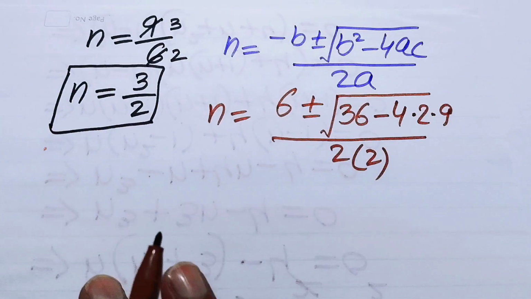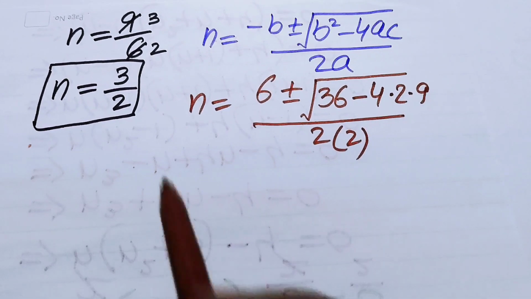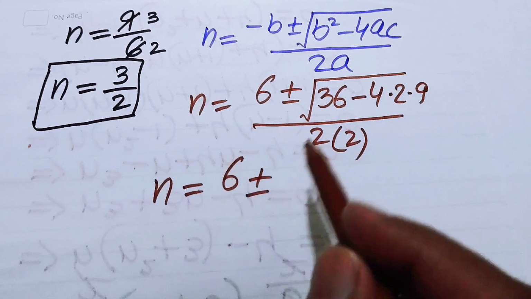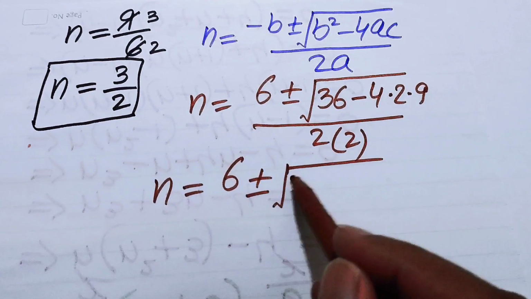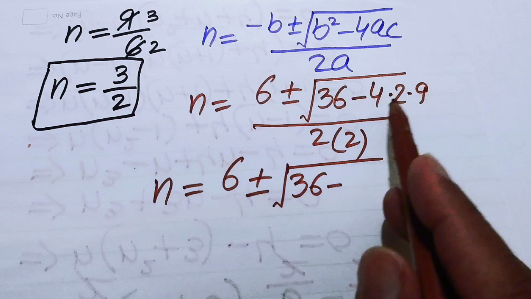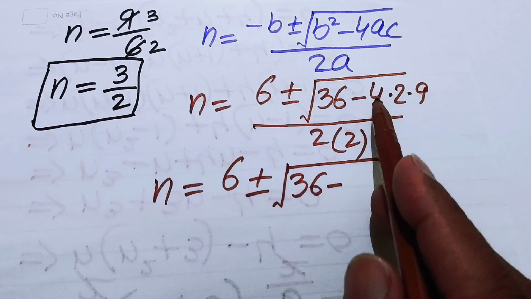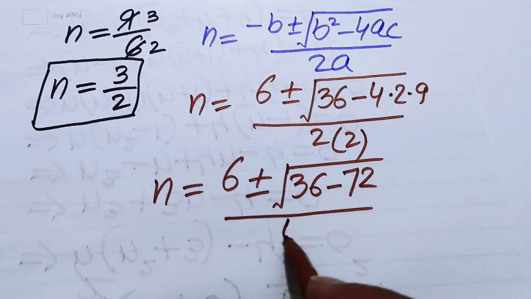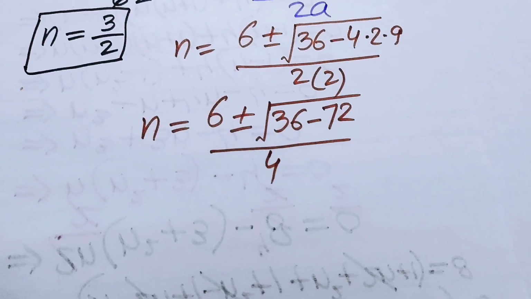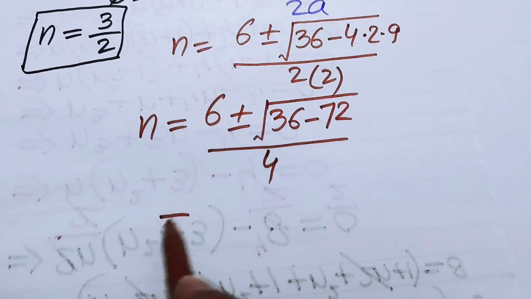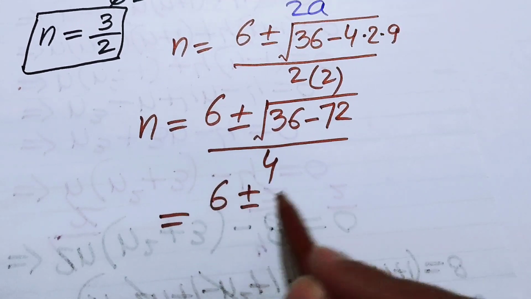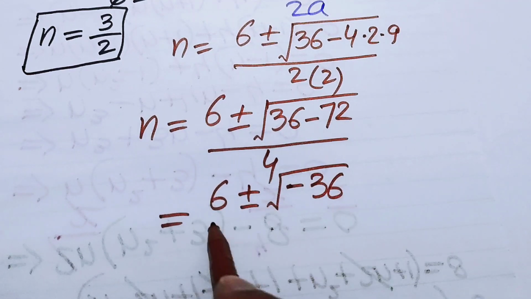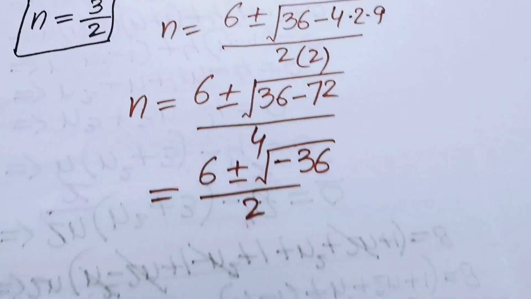Now we can simplify the terms and move towards the final answer. So we have n equals 6 plus or minus the square root of 36 minus, here 9 4s are 36 and 36 2s are 72, and the whole over 2 times 2 equals 4. So you have 6 plus or minus the square root of 36 minus 72, which equals minus 36, over 4.